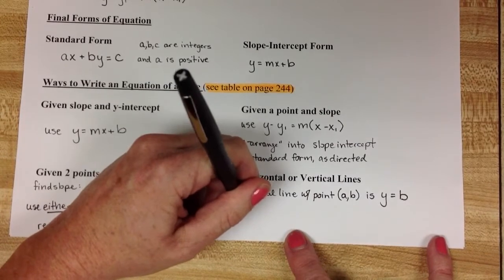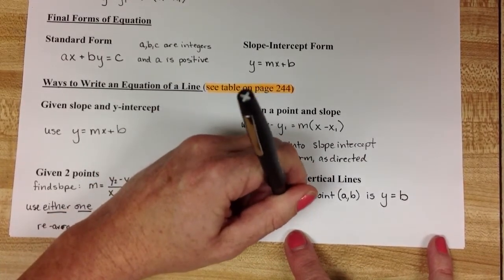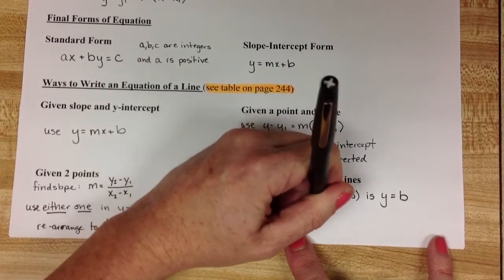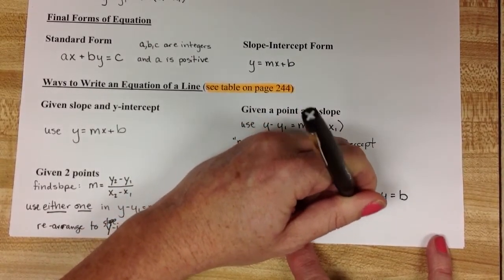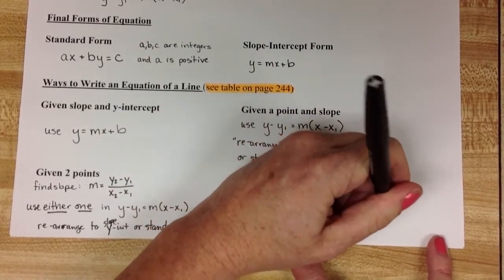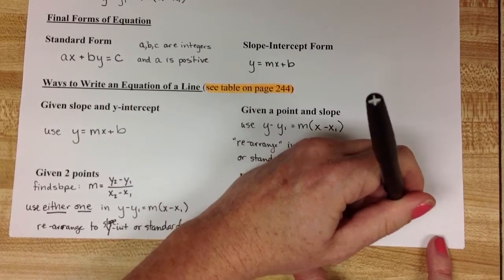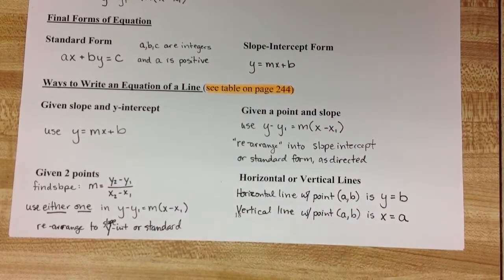Vertical lines are similar. A vertical line that passes through the point (a, b), its equation is always going to be x equals whatever the a value is from that point.